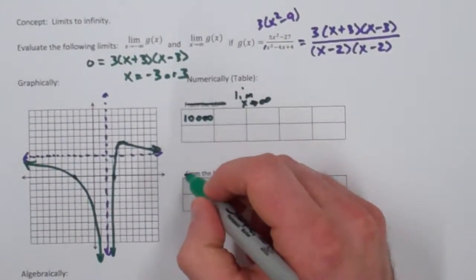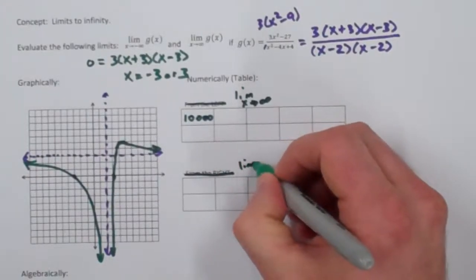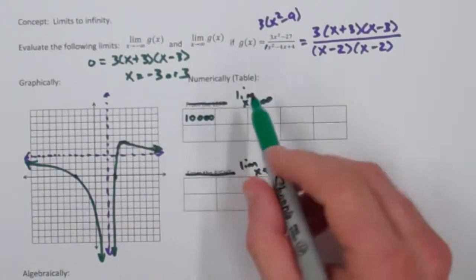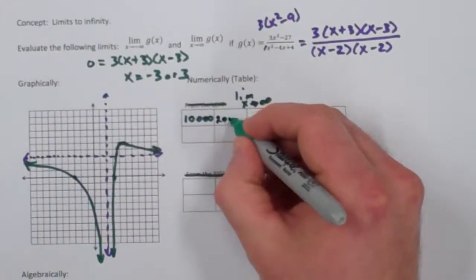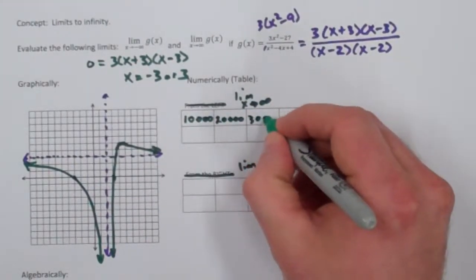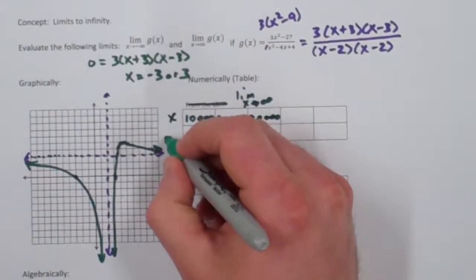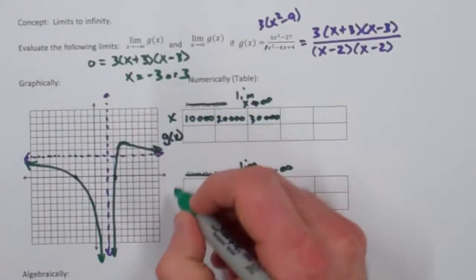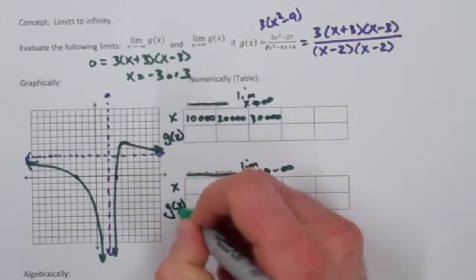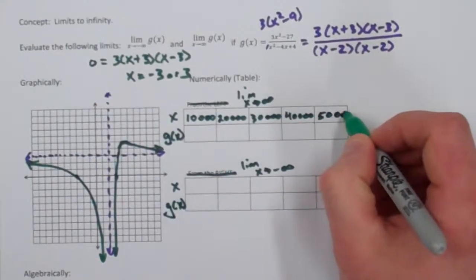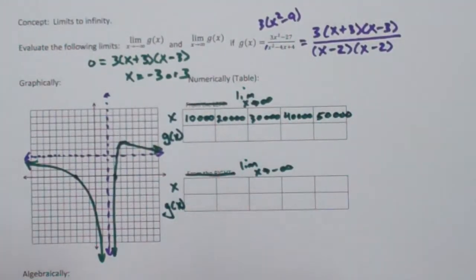And then this one, we'll do the limit as x approaches negative infinity. A little bit backwards from the top here, but I think you'll be able to follow along. And let's do 20,000. Let's do 30,000. Again, we're just getting really big. X is going to infinity, and this is g of x here. And that'll be 40,000 here, and 50,000, and so on and so forth.